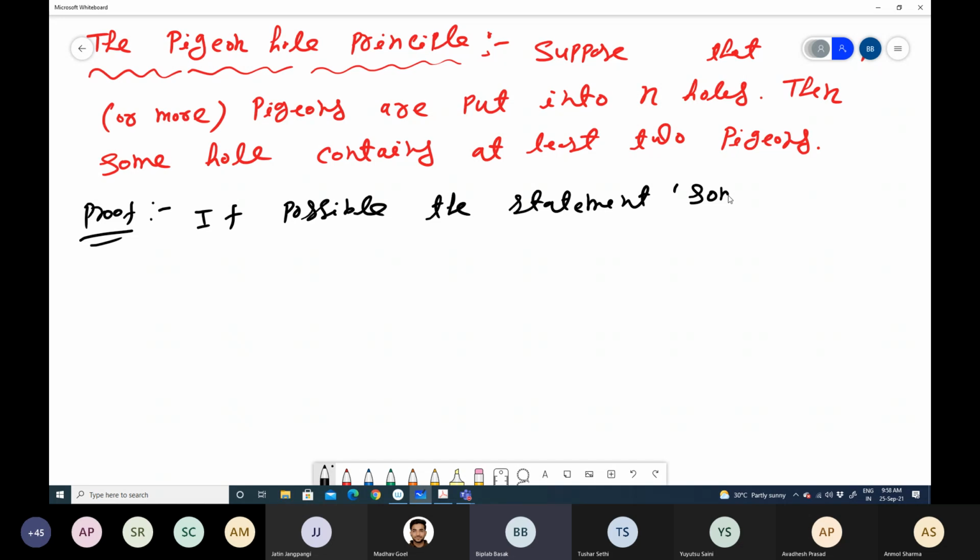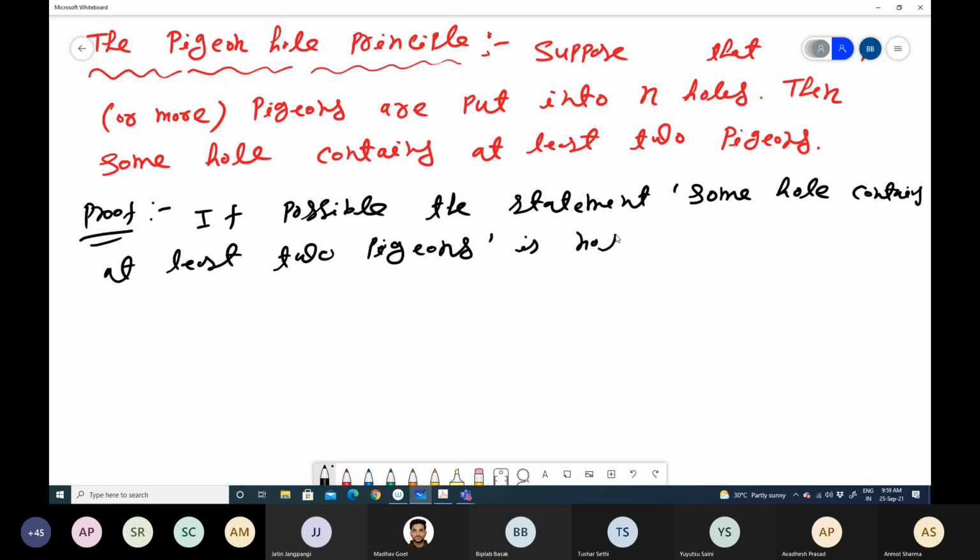That some hole contains at least 2 pigeons. Suppose this statement is not true. Then what does it mean? It means each hole contains at most 1 pigeon.